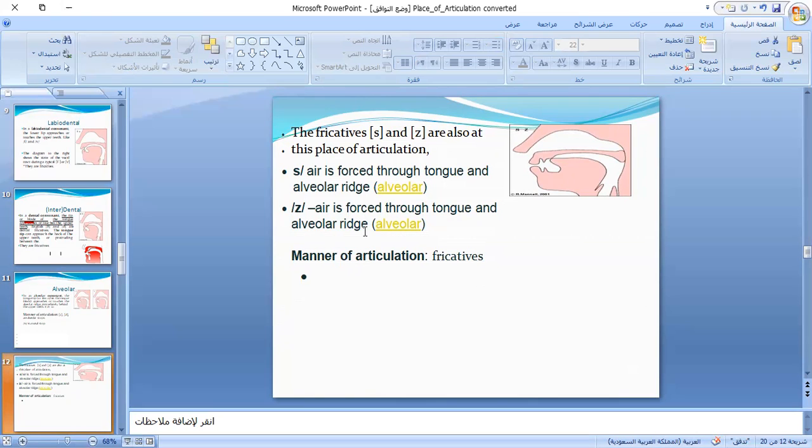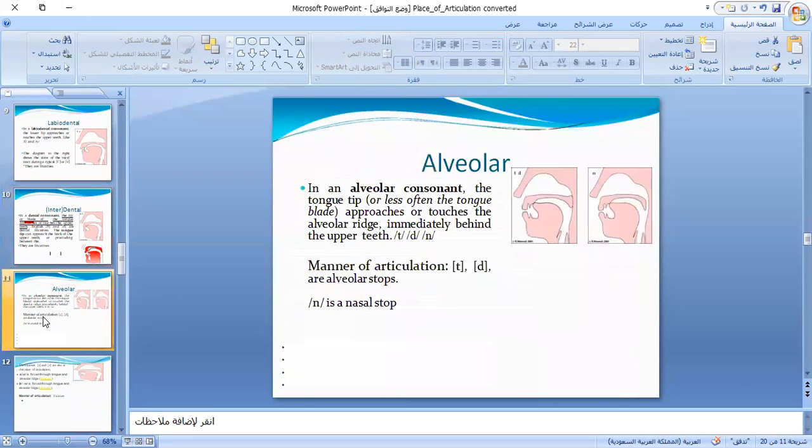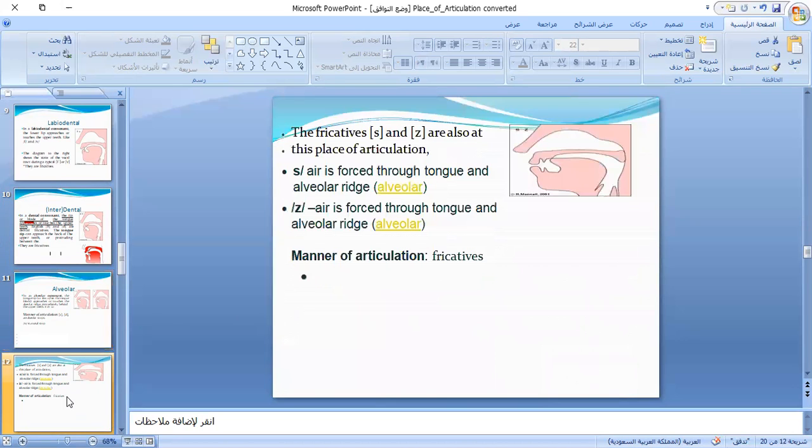Where's your tongue? At the alveolar ridge, the tip of the tongue. Manner of articulation is also fricative. So how many fricatives do you have here?